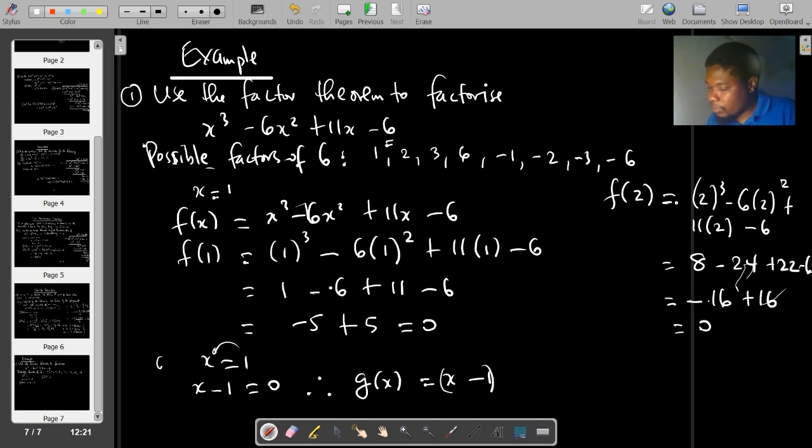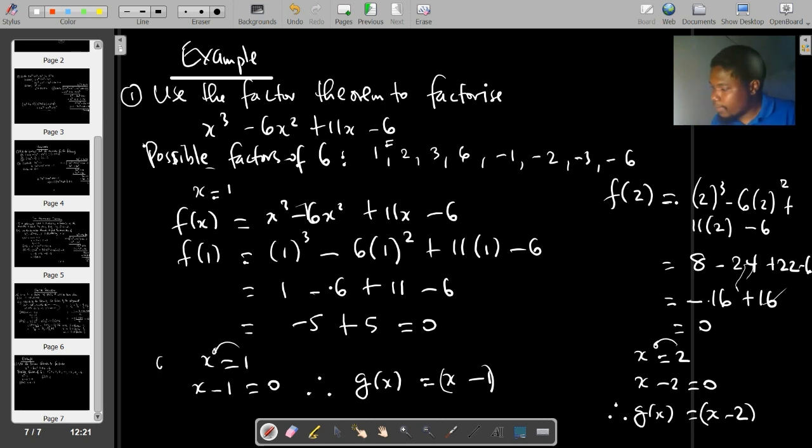That gives us 0. Therefore, x is equal to 2 gives us a factor. We move the 2 to that side with x minus 2 giving us 0. Therefore, g of x equals x minus 2. Here's another factor.